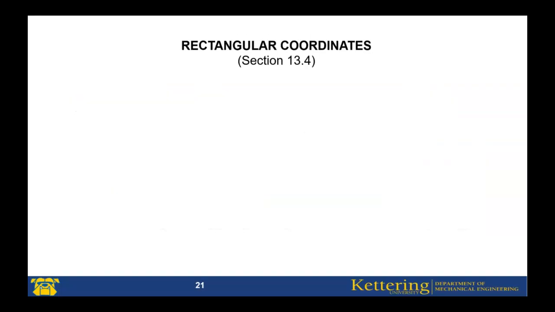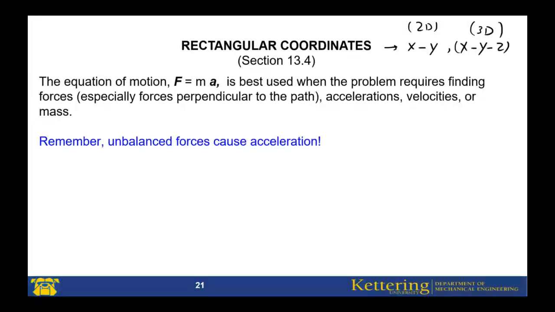To find them, you know about the rectangular coordinate system or Cartesian coordinate system. The Cartesian coordinate system in 2D is the xy, or for 3D, it's the x, y, and z directions. Now, you already know about this equation of motion, force equals mass multiplied by a.